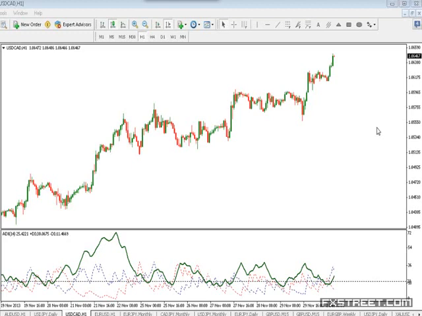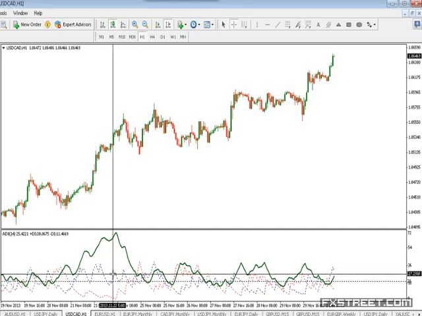Now, the ADX is a combined indicator with the DMI, which is the directional movement indicator, and the ADX is the average directional index. This was developed by Welles Wilder, and it can be really good if used properly. First, let's just concentrate on the ADX.